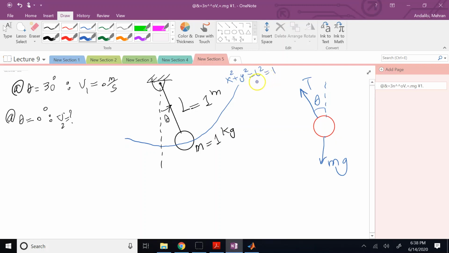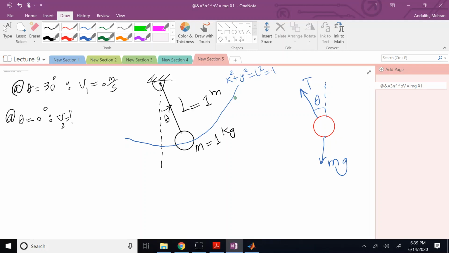And then you have to take time derivative of this and be involved in a ton of chain rule. So you can do it, but I don't recommend. What I do recommend in this case is to either use r theta coordinate or use nt coordinate, okay? Because those would rotate with the pendulum and make life easier. So it is completely up to you which one you want to use.